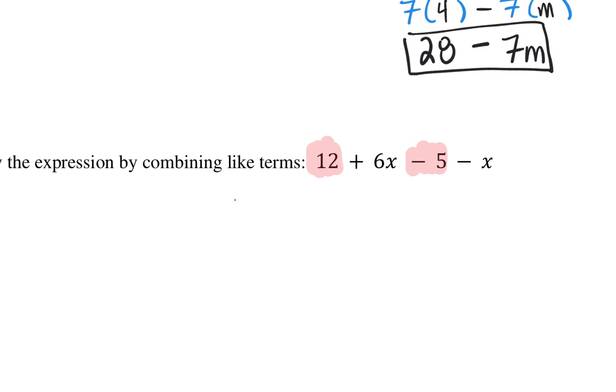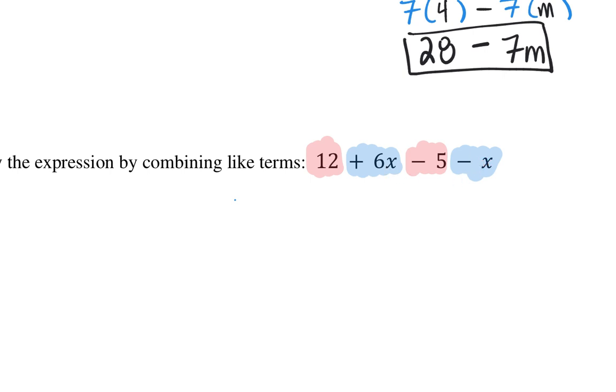I've got this plus 6x, right? Just positive 6x. And this minus x here. So I'm going to combine those. So I've got 12 plus 6 of something we don't know, but then minus 5 and then minus an x. So we're going to combine those. Now, if you do want to use the commutative property, the key here is you have to bring the minus 5 all the way up to the 12 and the minus x with the 6x's.